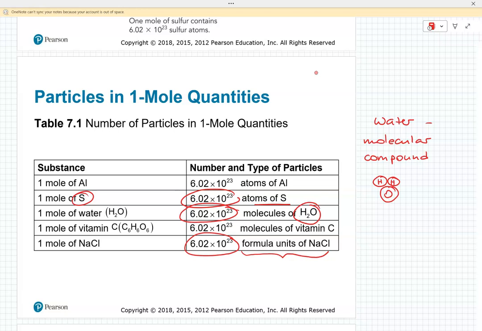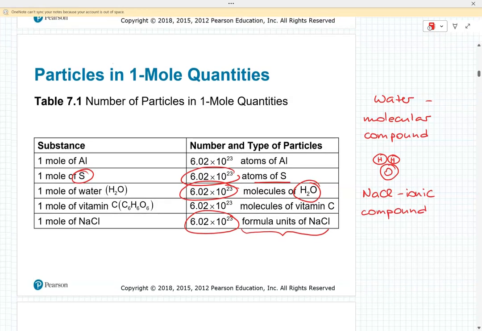It's a discrete unit. But on the other hand, if you think about sodium chloride, it's an ionic compound, which means there's no molecule. When you look at water in a bottle, it consists of discrete molecules.